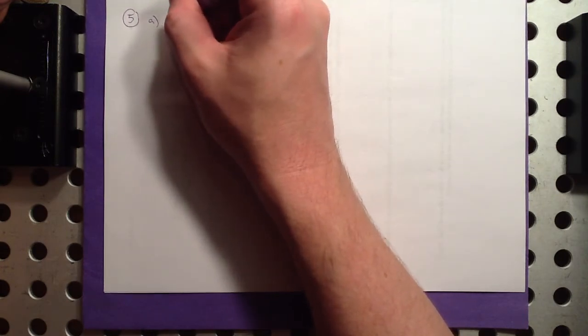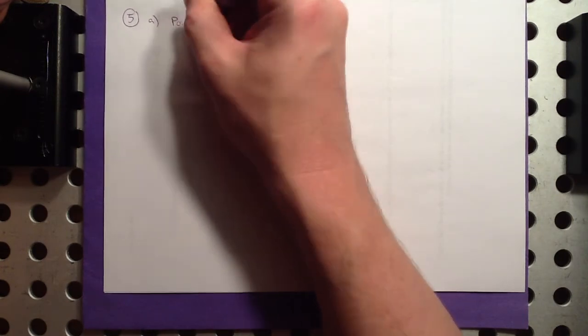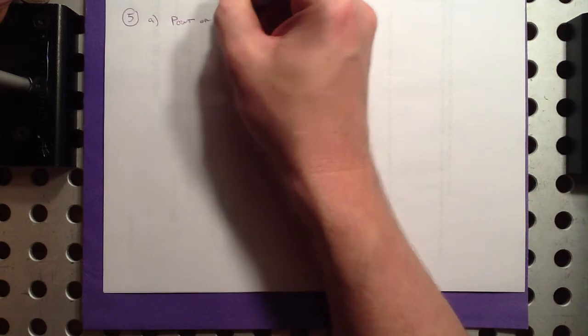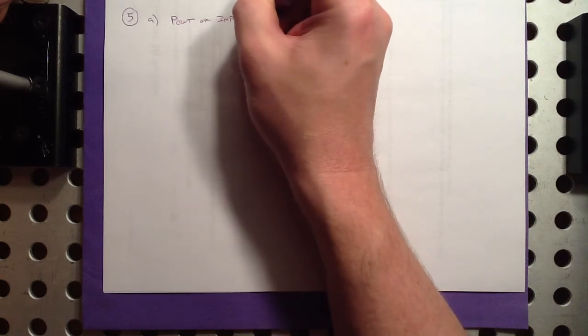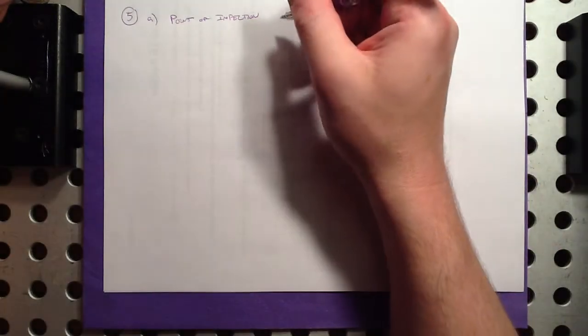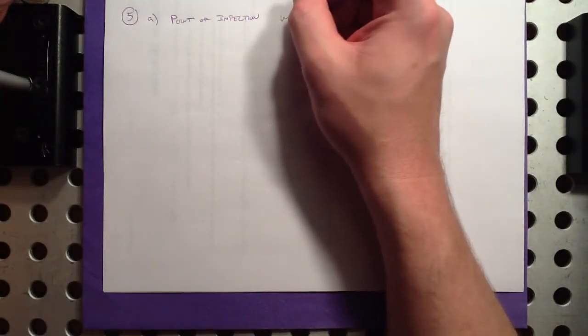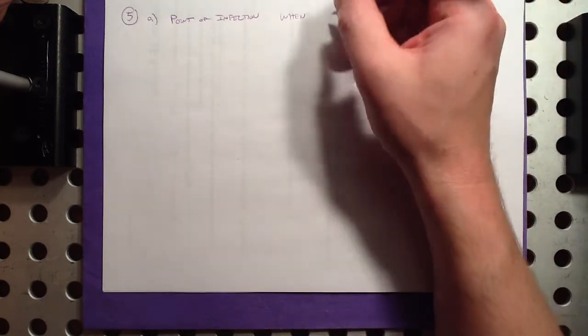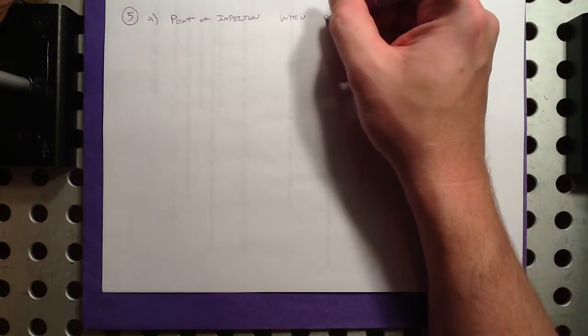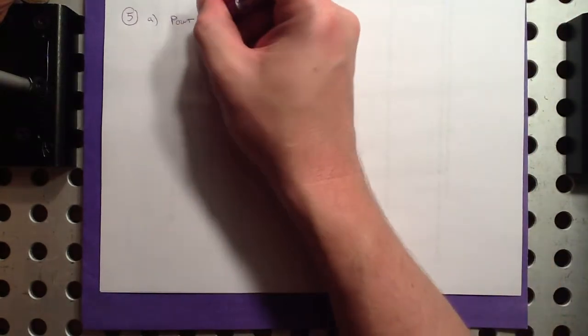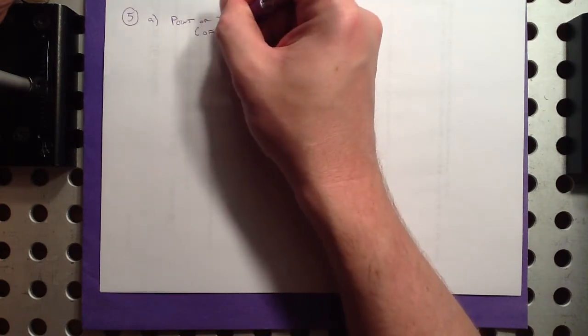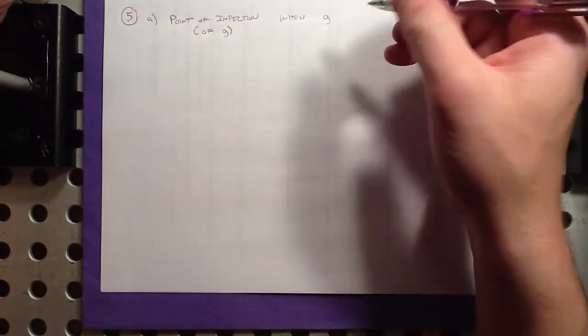Points of inflection. When do points of inflection happen? They happen when the derivative, let's see here, they said points of inflection of the g function, right? Which is not pictured.